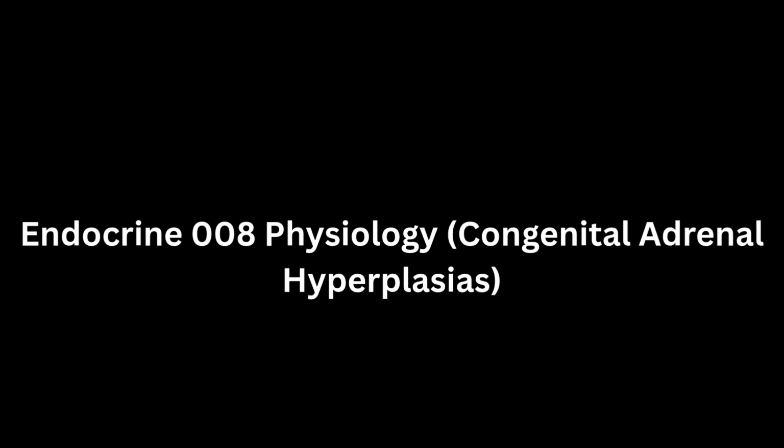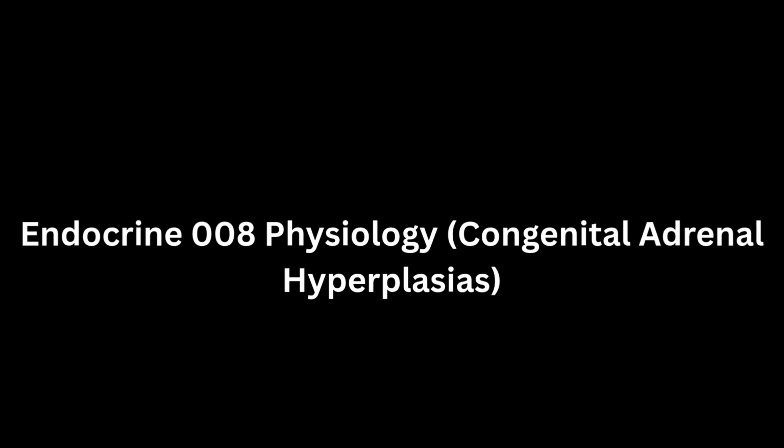But what we need to know is that since we have a decrease in cortisol, we have a constant positive feedback system, okay? So cortisol can't be produced because of either a 21-hydroxylase deficiency, an 11-beta hydroxylase deficiency, or a 17-alpha hydroxylase deficiency. All of those enzyme deficiencies lead to an overall decrease in production of cortisol.